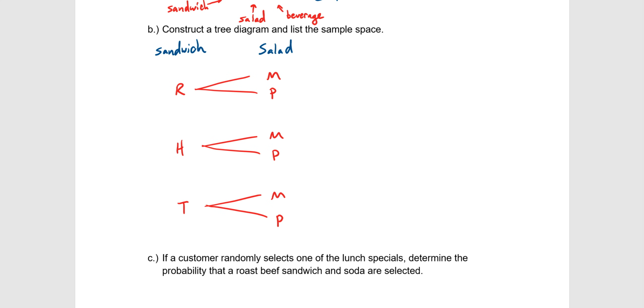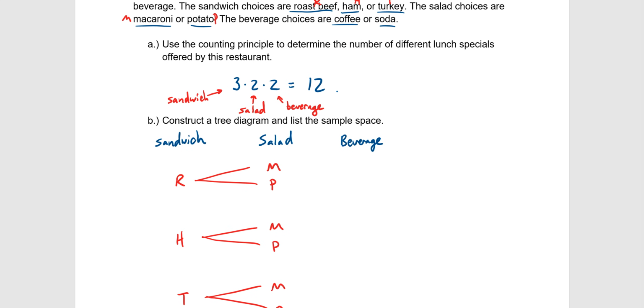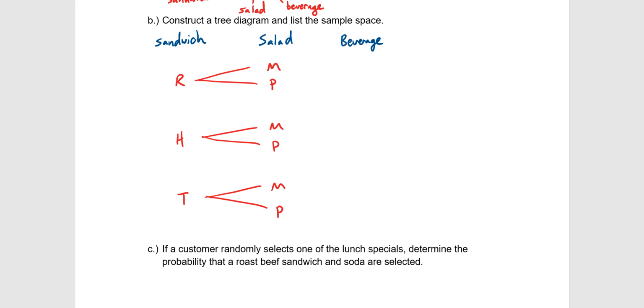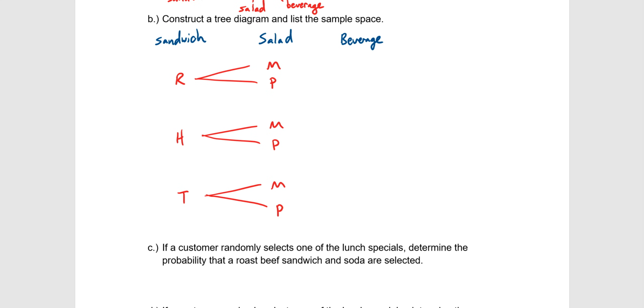And the next thing is the beverage, the last thing. And the beverage options were either a coffee, which I'm going to use a C, or a soda, which I'm going to use an S. And then each one of those salad options is going to get that beverage option.